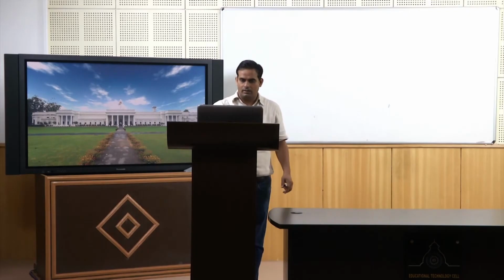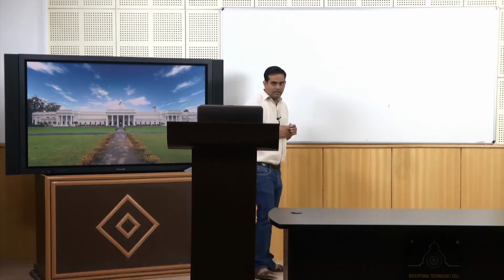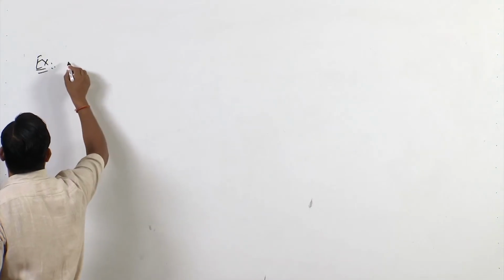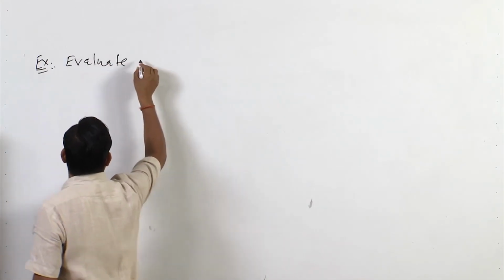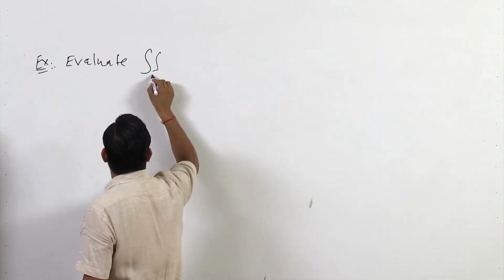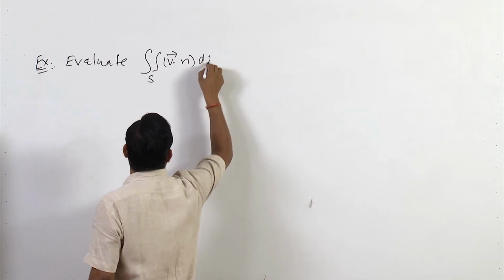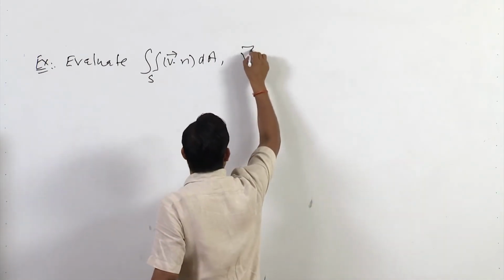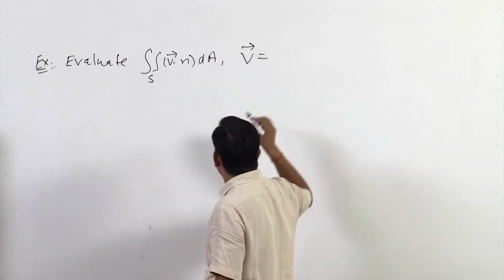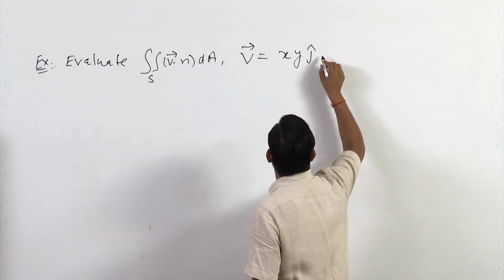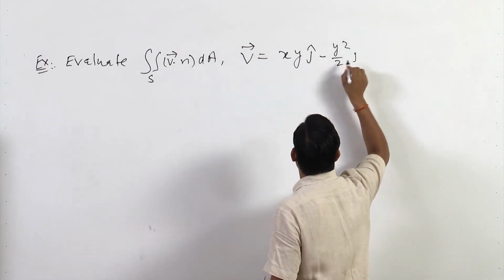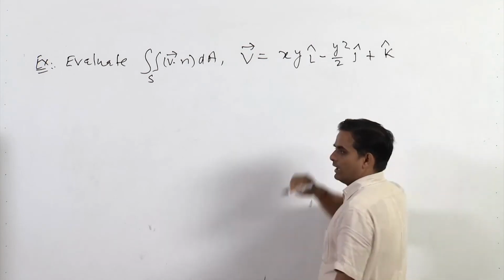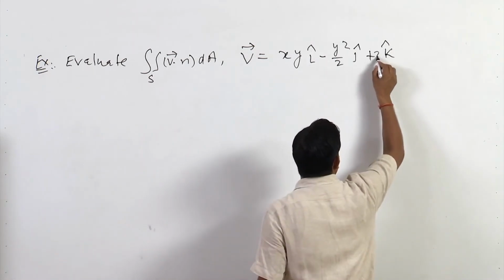Okay, let us take another example, and this example is: use the divergence theorem to evaluate, again I need to calculate the surface integral of a vector function, where the vector function v is given as xy i minus y square upon 2 j, this is in the i direction, this is in the j direction, and plus z k.